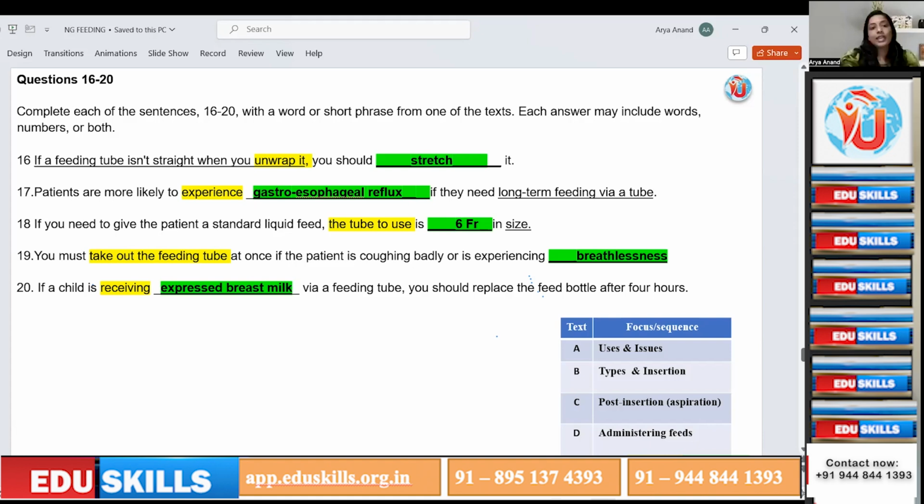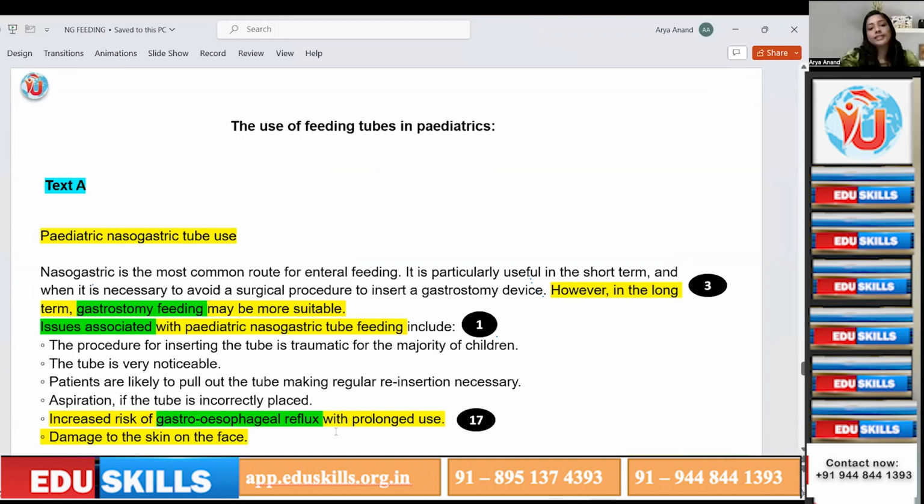So where do we need to check? Next, it says increase the risk of gastroesophageal reflux with prolonged use. So the answer will be gastroesophageal reflux. Okay, you should be very careful with spellings.